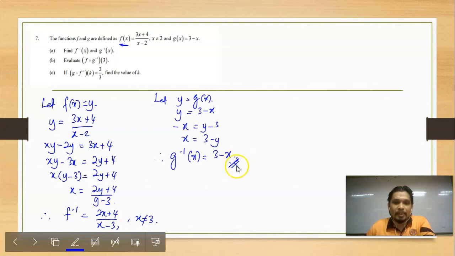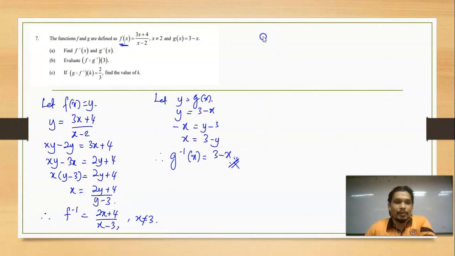Now evaluate f of g inverse where x equal to 3. g inverse we have found earlier, which is 3 minus x. Then substitute the value of x with x equal to 3 here.